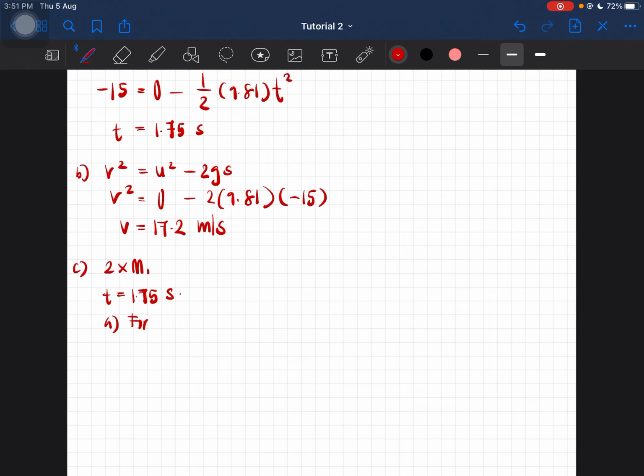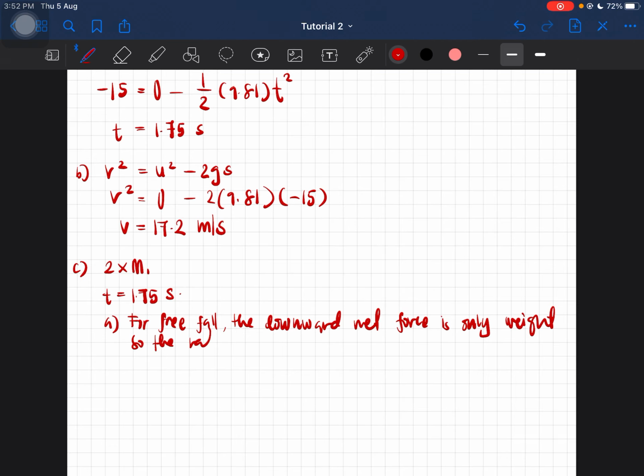So actually for free fall, the downward net force is only weight. So the ratio of their weights to the masses are equal.